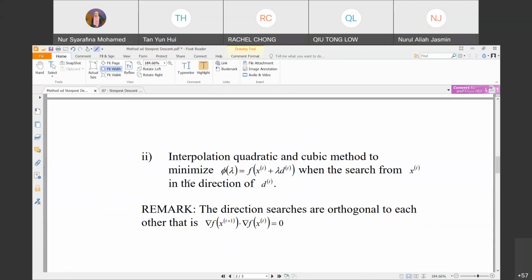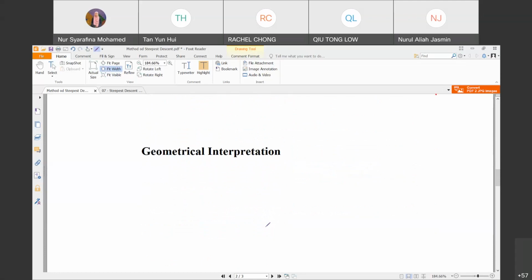The direction searches are orthogonal to each other. That is, del f(x1) times del f(x naught) equals 0. So how does it move?